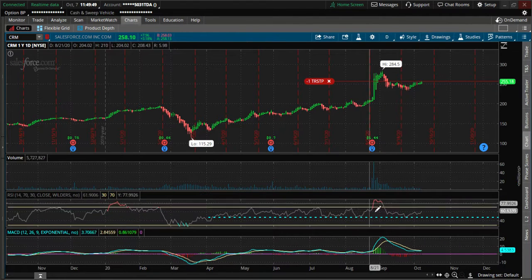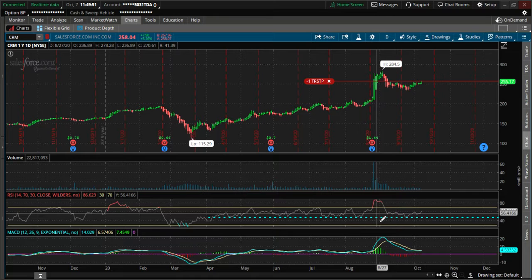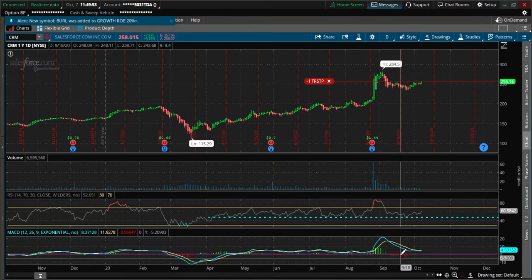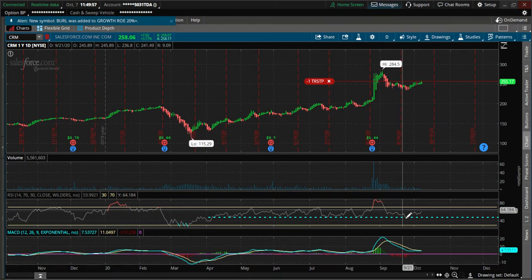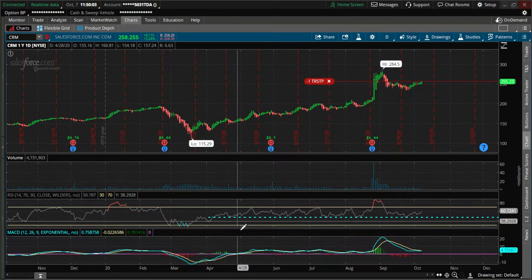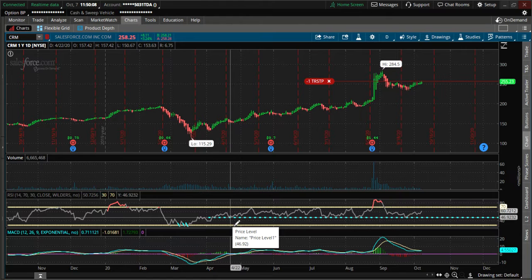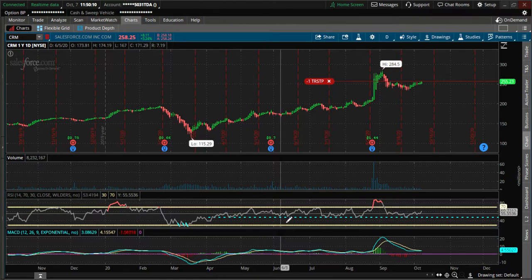And just because something enters overbought or oversold territory does not technically mean that you should just go ahead and jump into a sell or a short position. You got to go with what the RSI tells you. So if you look, we have bounce, rejection, bounce, and that could be considered a rejection point too at about 61.